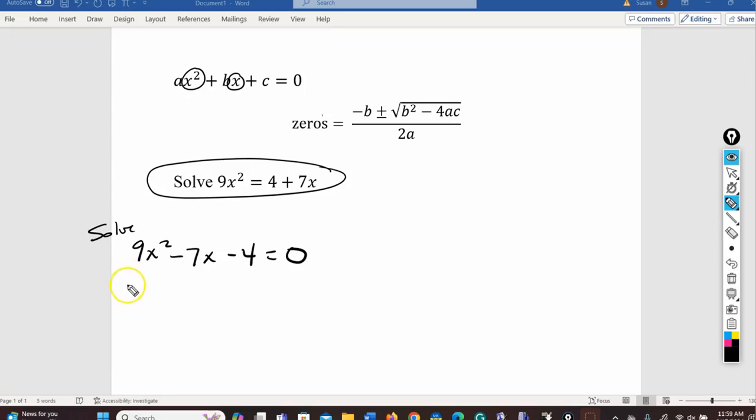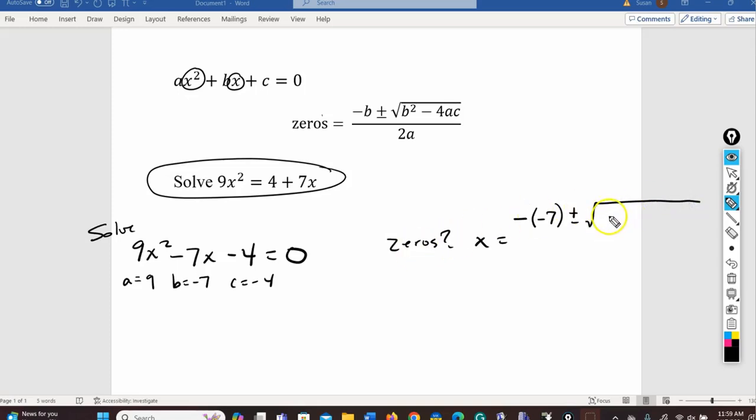So we can see here A is going to be 9, B is going to be -7, and C is equal to -4. And so if I want to solve this, i.e. find the zeros, what are the solutions for x? It's going to be x is equal to -b plus or minus the square root of b squared minus 4 times a times c, all over 2 times a.